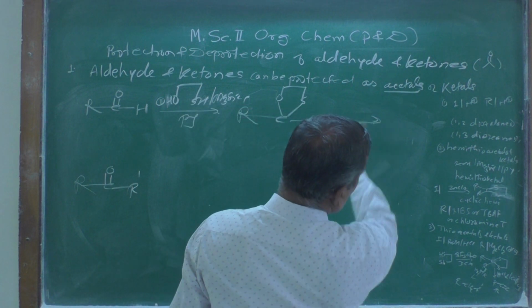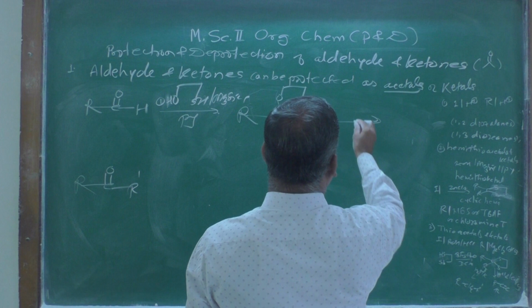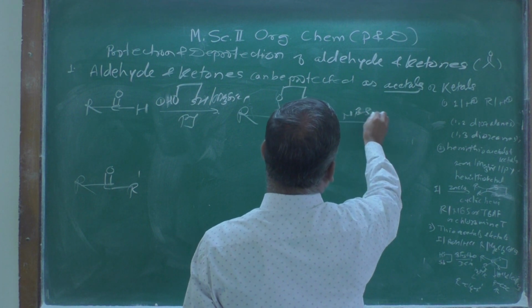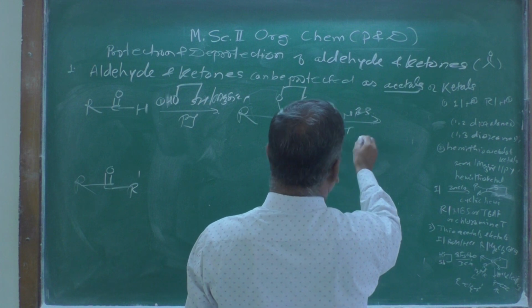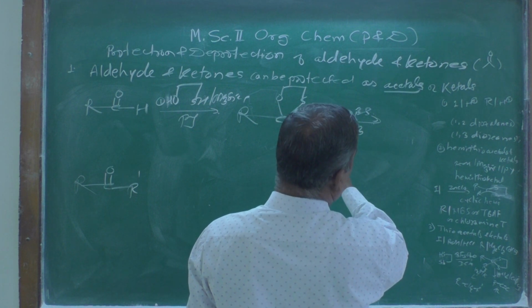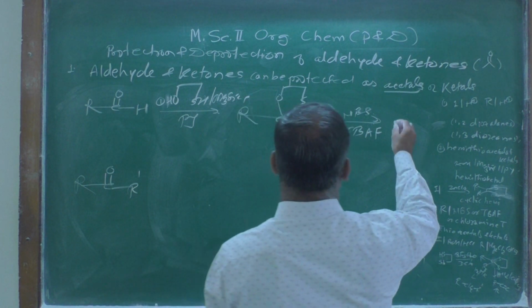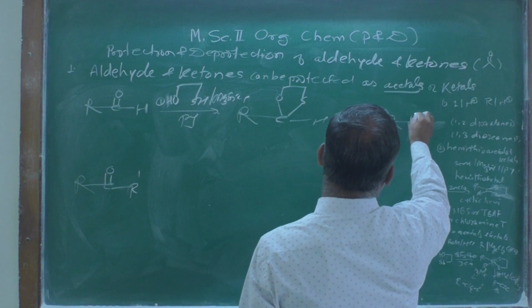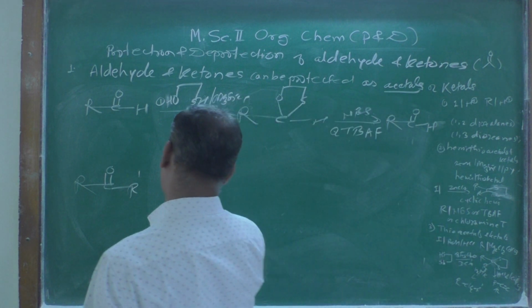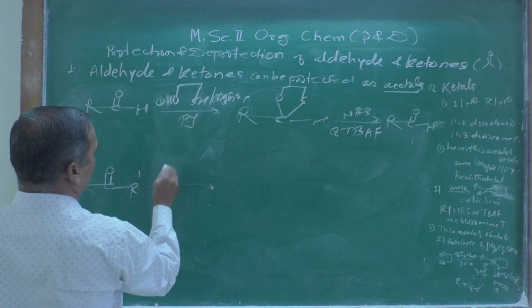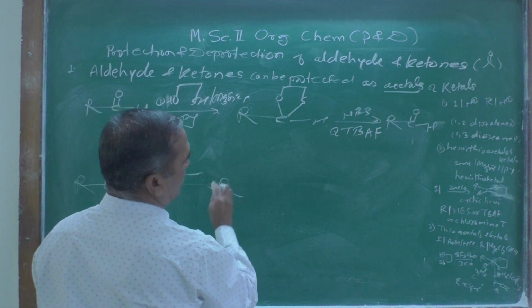And deprotection can be carried out by using NBS or tetrabutyl ammonium fluoride, and so that you are going to get R C double bond O, then H.